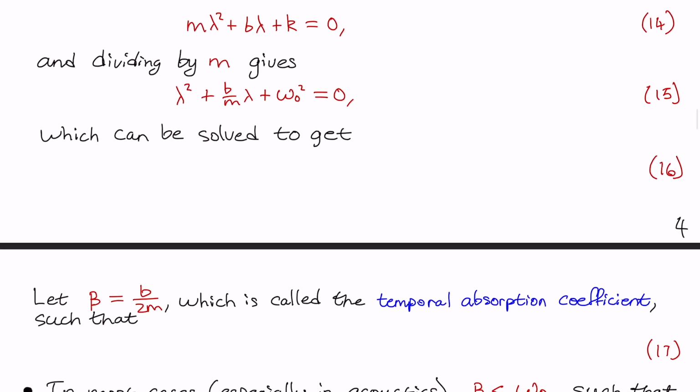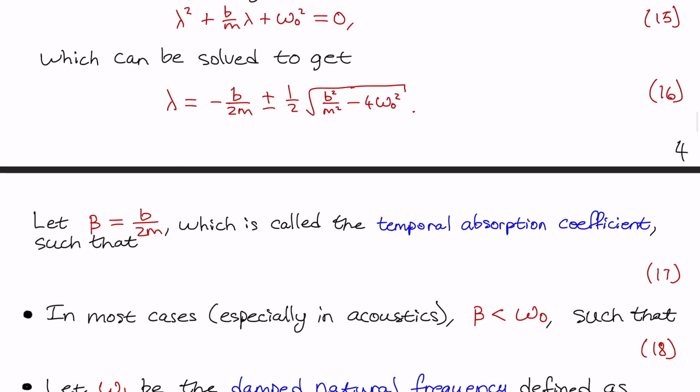We can then solve this, and we'll find that lambda is equal to minus b divided by 2m plus or minus one half times the square root of b squared divided by m squared minus 4 times omega 0 squared. I left out a 1/2, so let's put the 1/2 here. And again, all of that is under the square root. We're going to now make a small simplification. We're going to take the term that I'm now circling, and we're going to set that equal to beta, shown here.